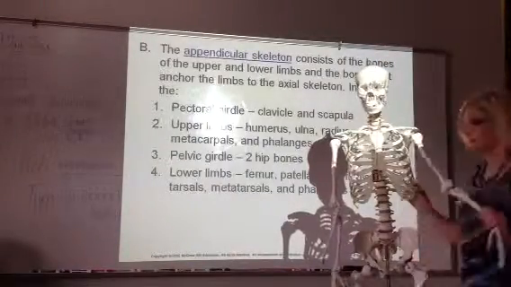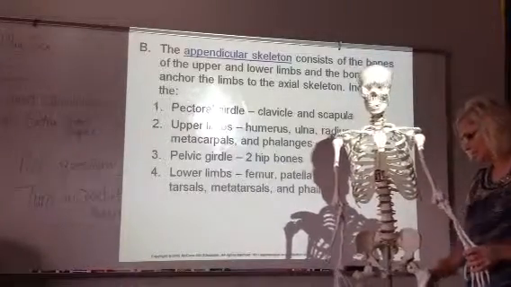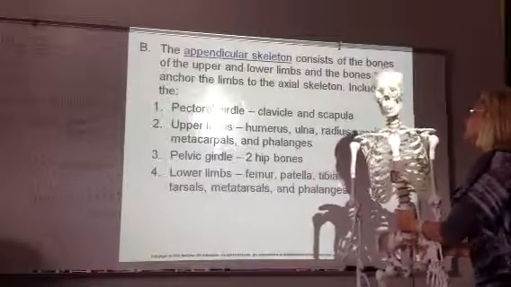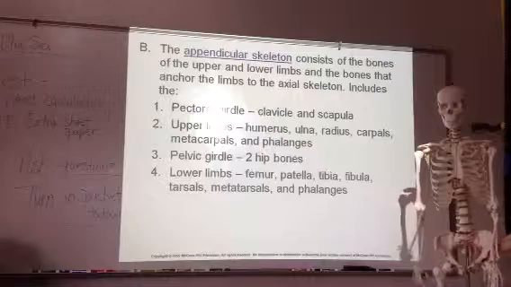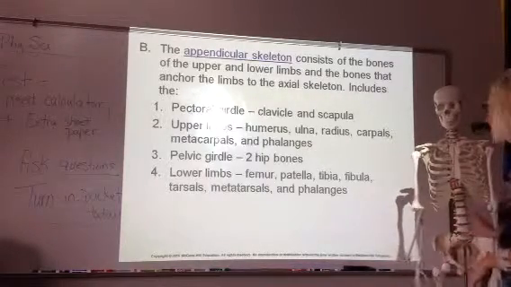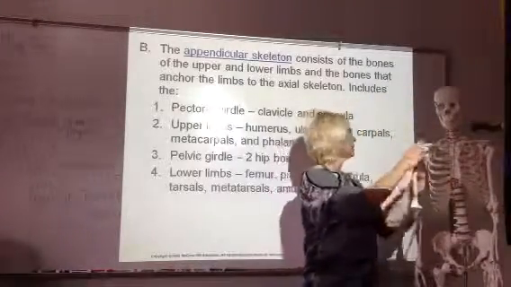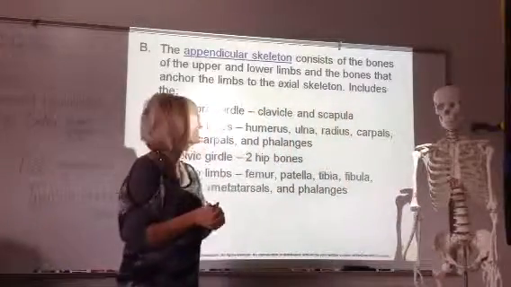Appendicular skeleton then deals with appendages. So arms, legs, your pelvic girdle will actually be part of that. So they are bones that are attached, or appendages, to the axial skeleton. Pectoral deals with the upper chest area. So clavicle and scapula is your pectoral girdle.